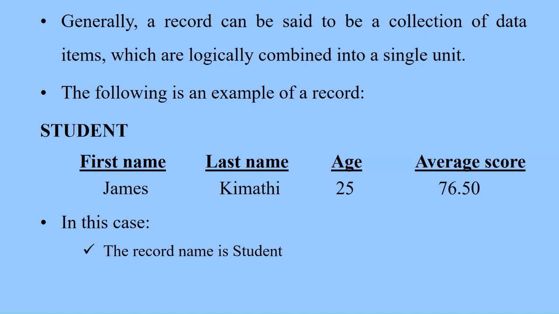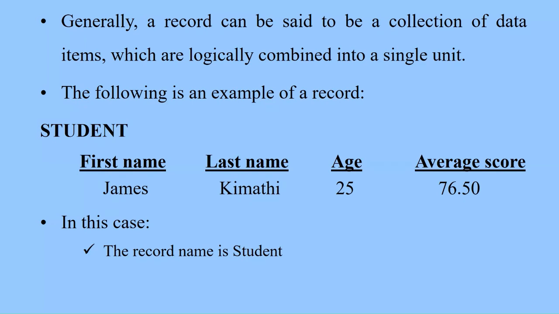As you can see, first name and last name are text, or what we call strings. Age is an integer, a whole number, but average score is a number with a decimal point. It is what I call real, or what we call floats.